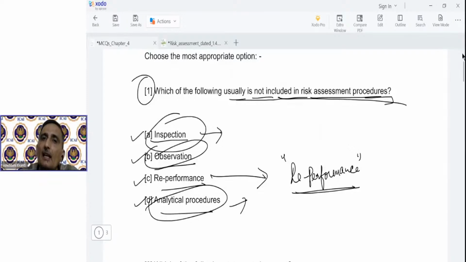Say I am re-performing the control relating to the bank reconciliation statement. Let us assume the bank reconciliation has been prepared by the accountant or the person in charge; that was a control put in place by the management. Now I am trying to re-perform it. Can it be a risk assessment procedure?